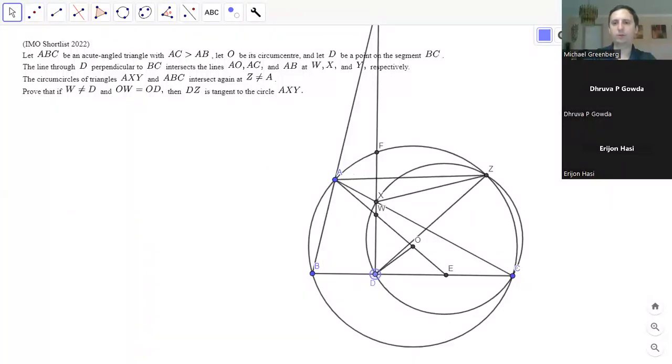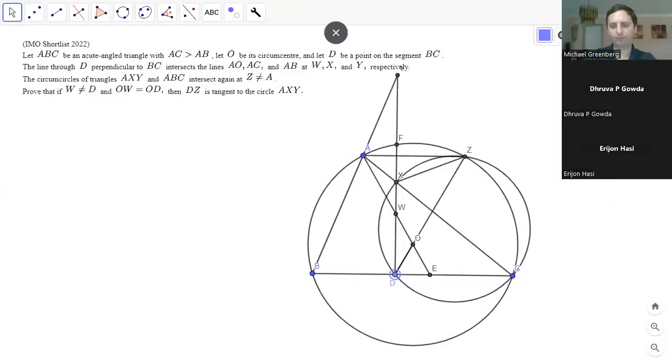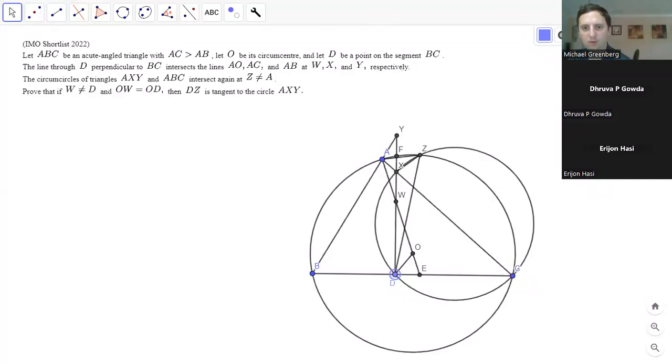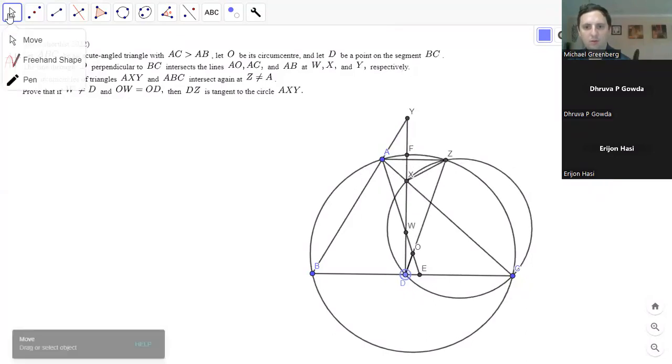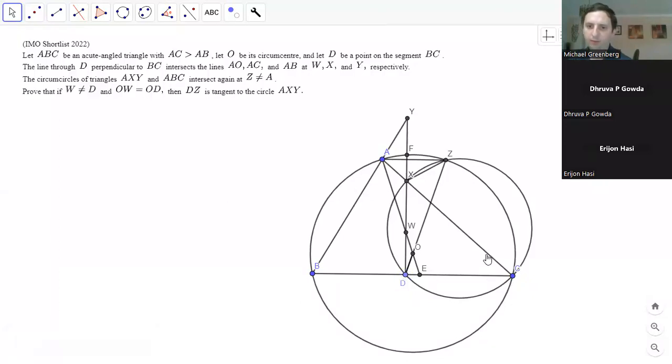I just drew it in a weird way, so it won't. But yeah, let me redefine. Think about how to do this. I mean, that would mean this is a right angle, right?